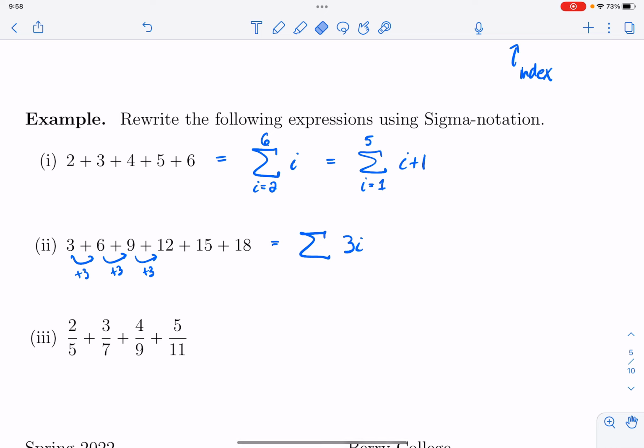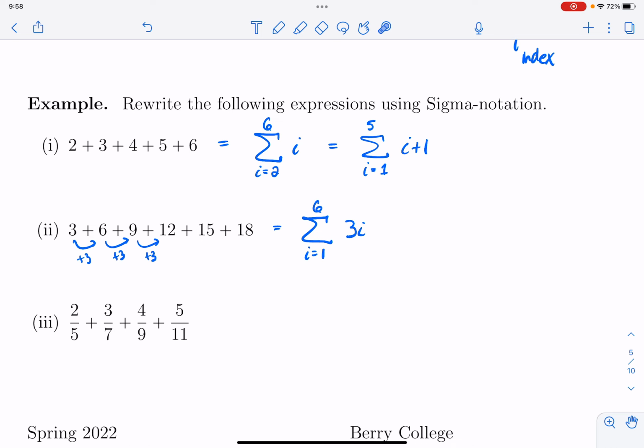So if I do i equals 1, plug that in, I get 3. Okay. I equals 2, I get 6. I equals 3, I get 9. So it looks like this works. These are all just multiples of 3. And I'm going to go all the way up to 6 as well.